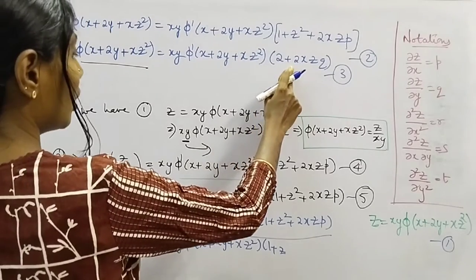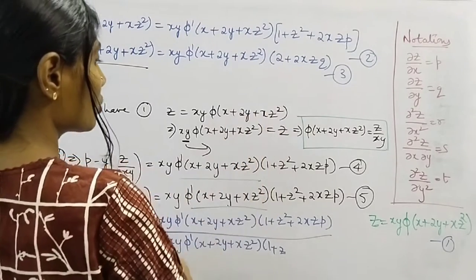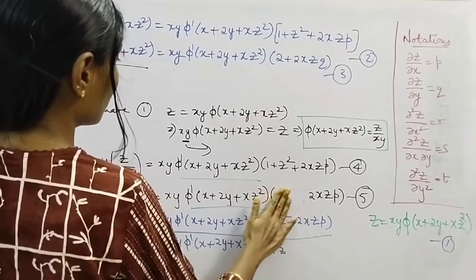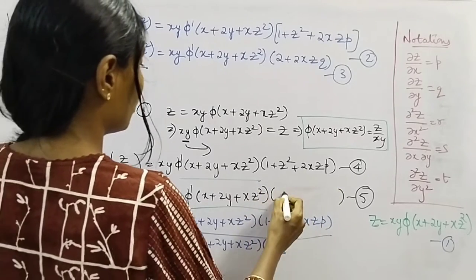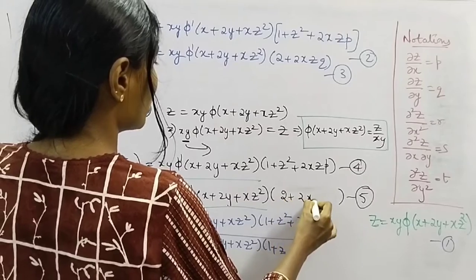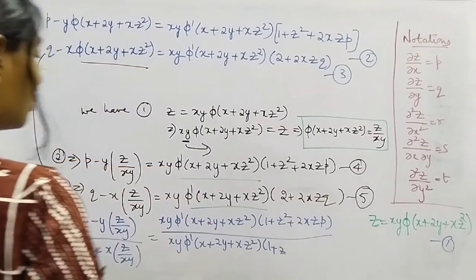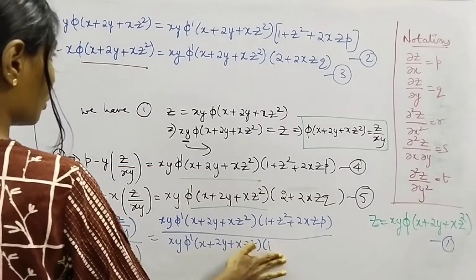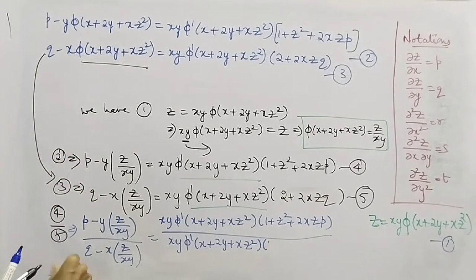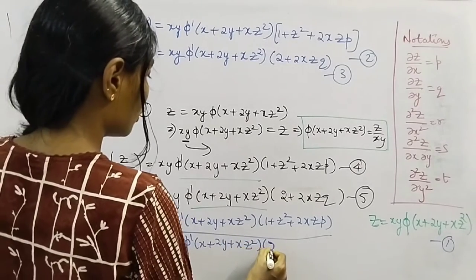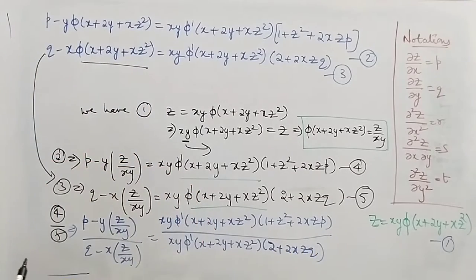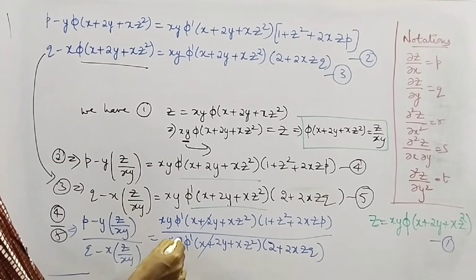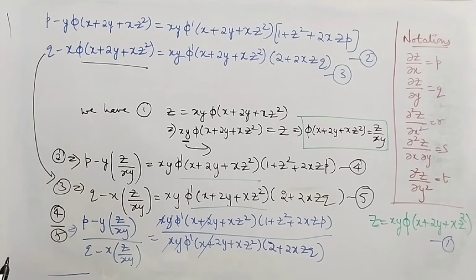See, in equation 3 you have 2 plus 2x, plus 2xz cube, I'm sorry. So you'll get 2 plus 2xz cube, right? Where phi dash and xy gets cancelled.